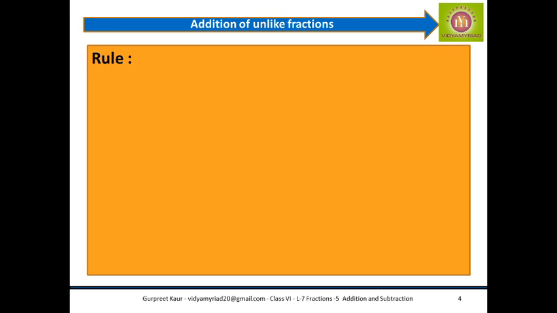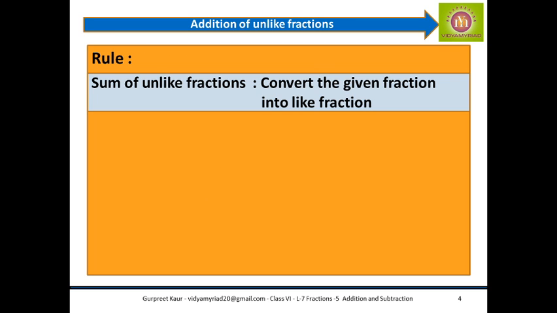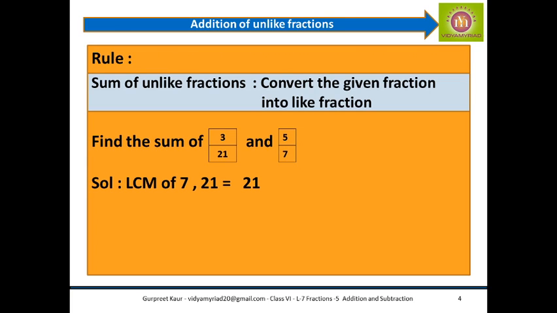But what happens when you have unlike fractions? For unlike fractions, you have to convert it into the like fractions. That means you need to make their denominator same. Now suppose I have the question, find the sum of 3 upon 21 and 5 upon 7. Now what I will do is, I will find its LCM. LCM is 21.